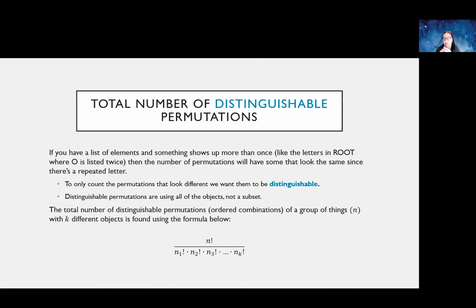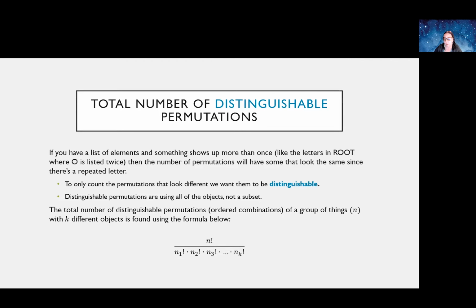So if you tried to write different combinations, putting them in different orders, you would get some that look exactly the same, even though technically the 2 O's are different O's. We want to eliminate those that look the same, because in real life, what's the difference between root with one O first versus the other O first?